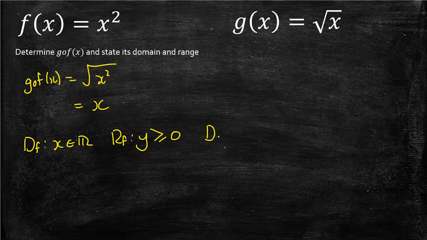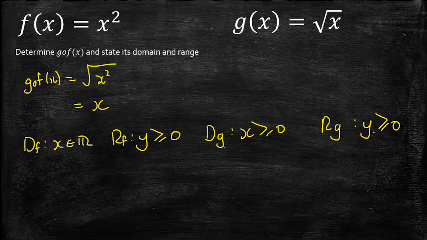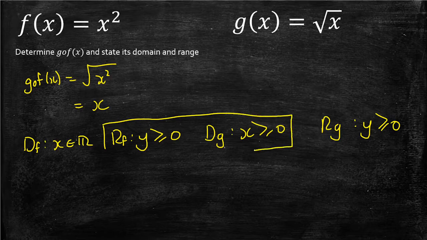The domain of g, x needs to be greater than or equal to 0. And the range of g is y is greater than or equal to 0. Now, when you look at g of f of x, we can see that these two match up. So the range of f matches up exactly with the domain of g.